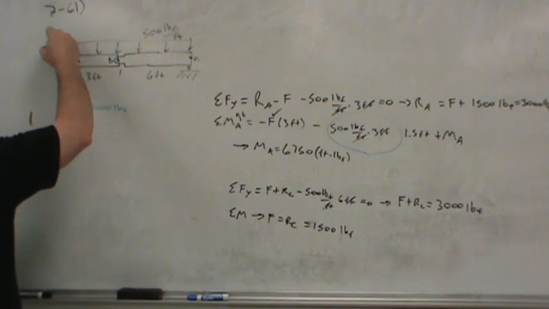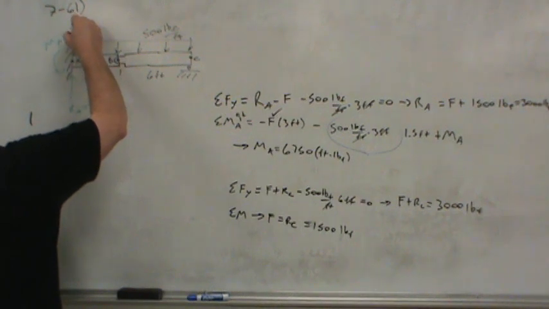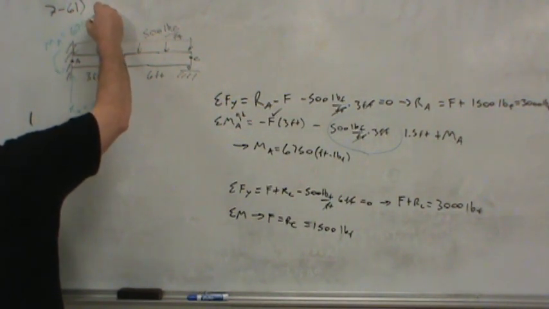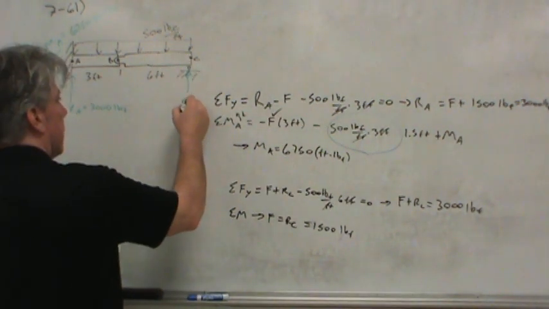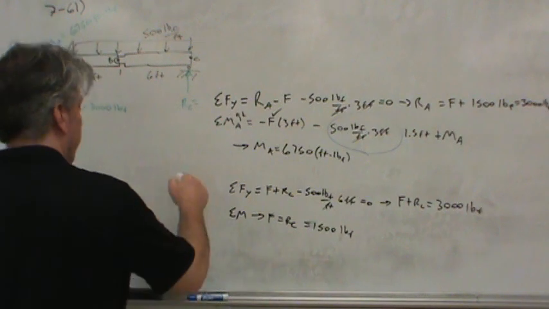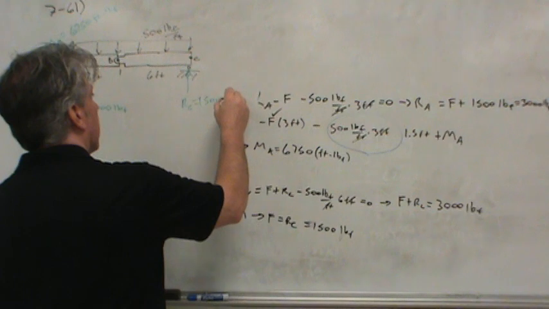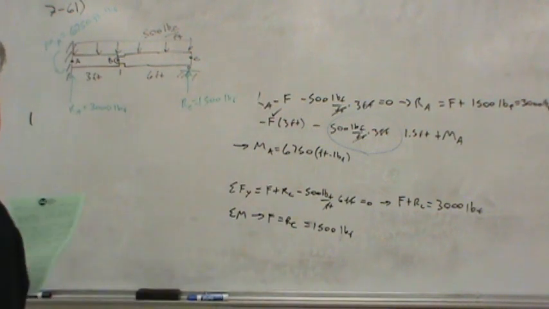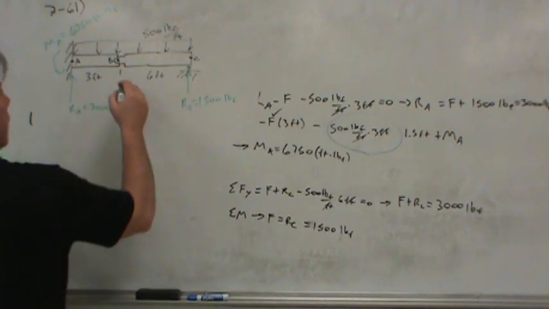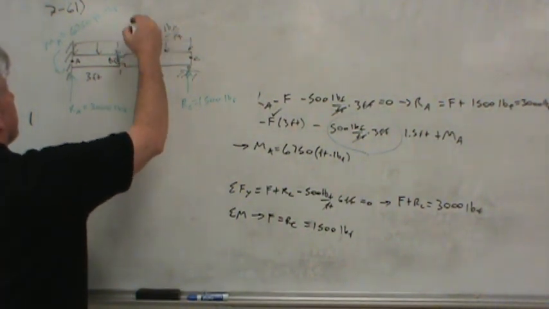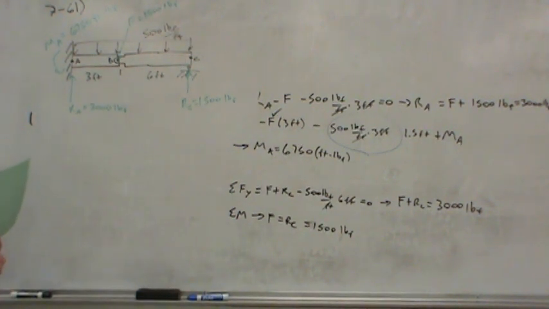The moment reaction at A was 6,750 foot-pounds. The reaction at C was 1,500 pounds. And finally, we calculated an internal force at the pin. I'm just going to pull a line off there and say 1,500 pounds of force.